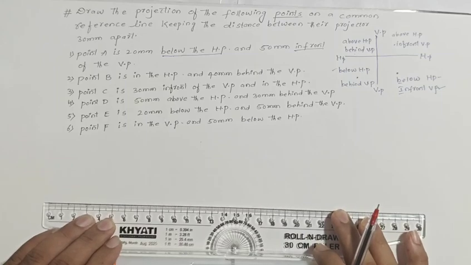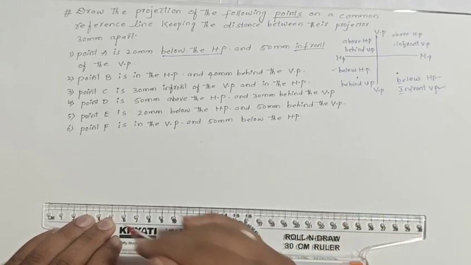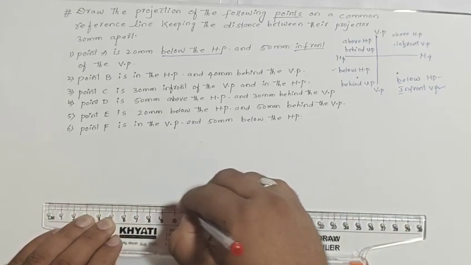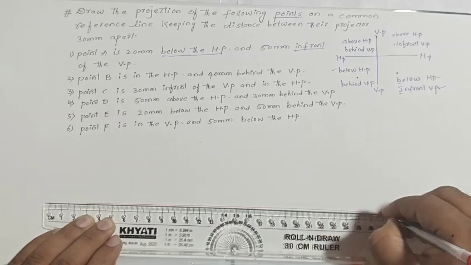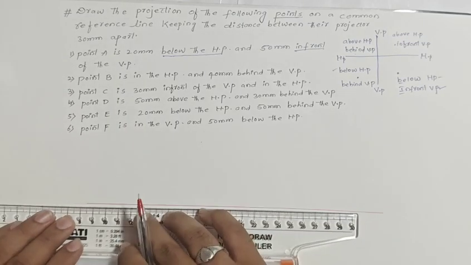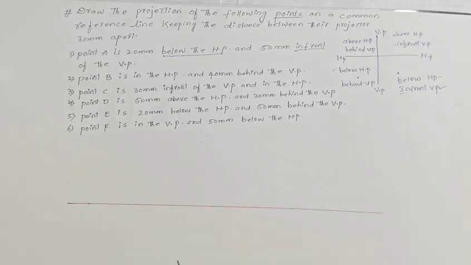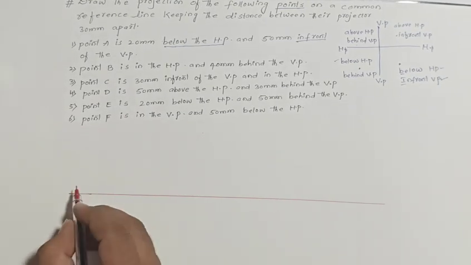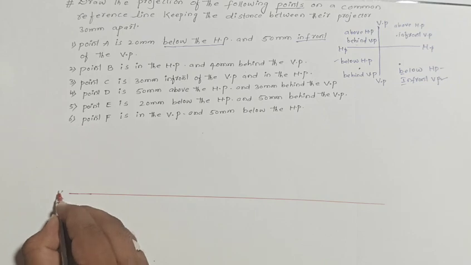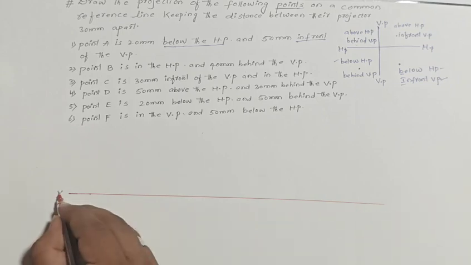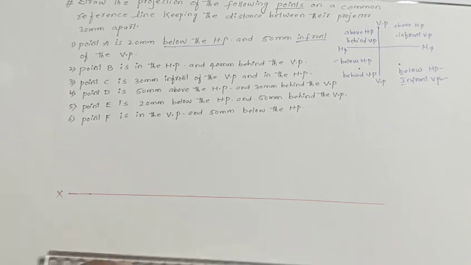This reference line should remain the same for all. Clear? It represents the point here, x, and this point is called y.